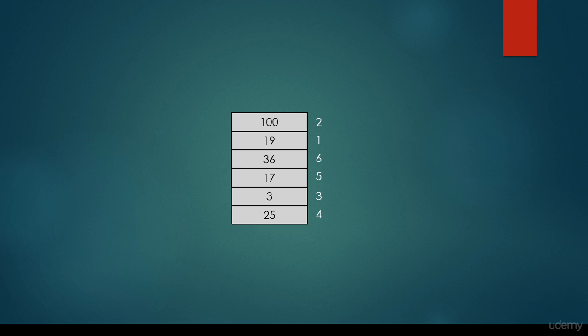So let's suppose we have a one-dimensional array of integers: 100, 19, 36, 17, 3, and 25. As we have been discussing, we have to assign another value, the so-called priority value, to every single item. So for the 100 we have the priority 2, then the priority 1, 6, 5 and so on.